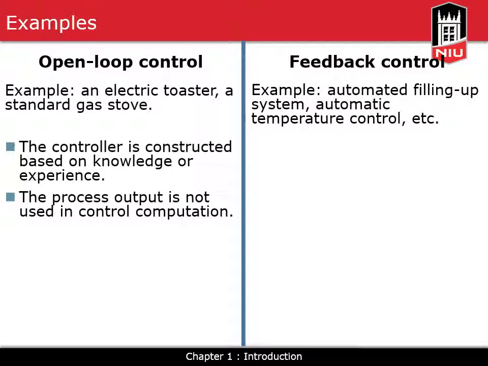With the feedback control, on the other hand, there is some type of measurement, and the controller is continuously checking the actual value of the output, comparing it with the desired value, and makes a decision. For example, an automated filling up system, automated temperature control, and even in the other examples we talked about, for example, a dryer.